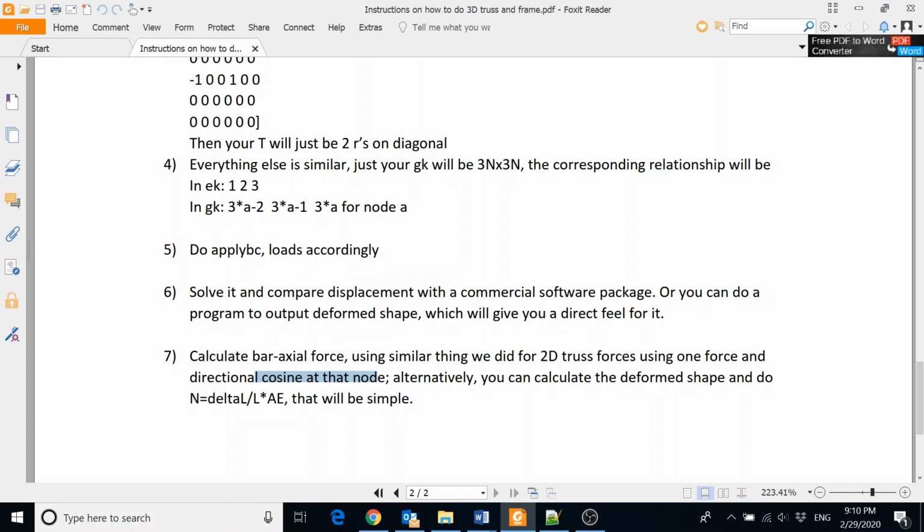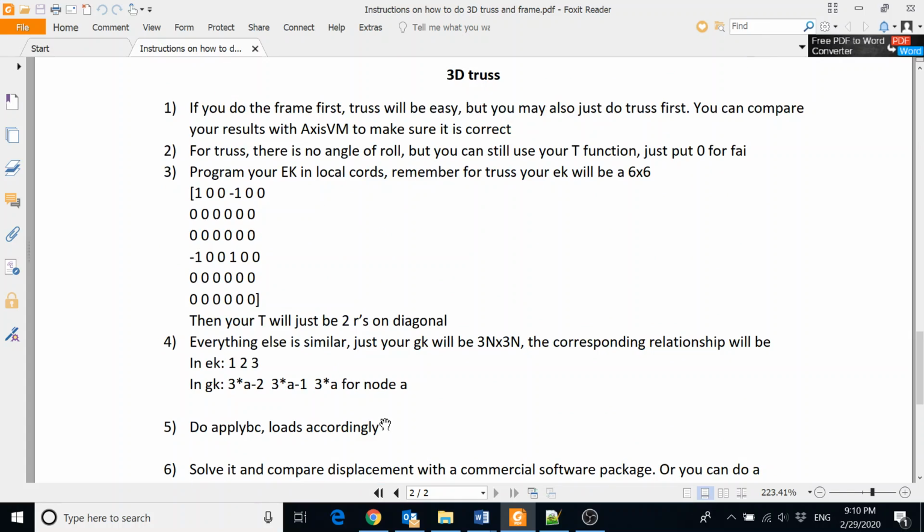Then you can do similar things we did for 2D truss, or an easy intuitive way to do it is, now you know how much your load changes, so you can calculate the length of that bar in the undeformed configuration and also the deformed configuration. Then find out delta. Your delta will either be positive, then it is tension. If it's negative, it's compression. That should be simple. So yeah, I hope you can do all that.